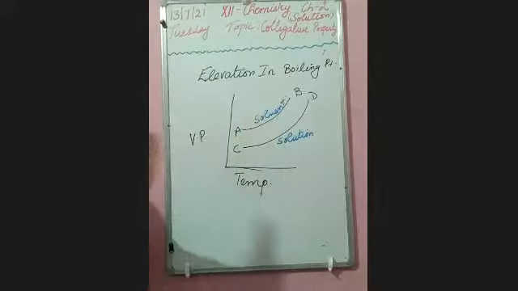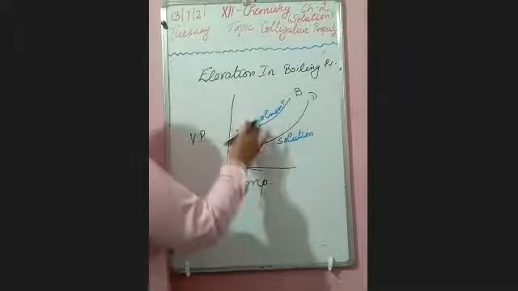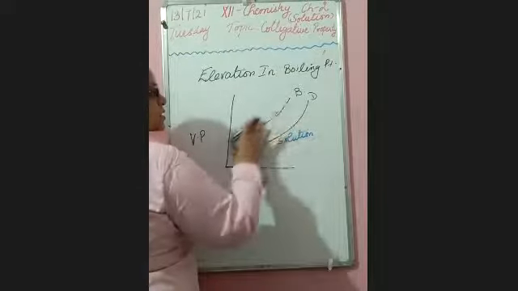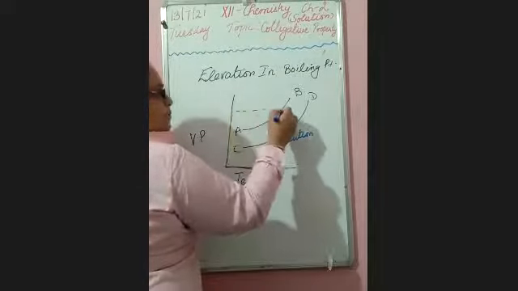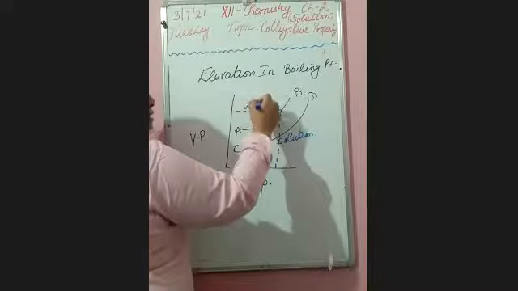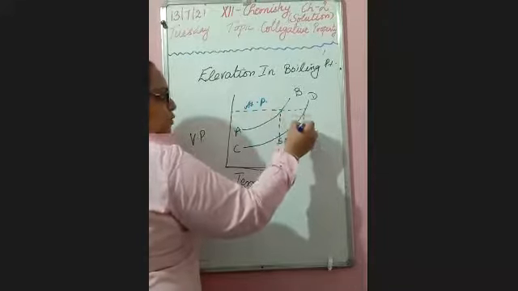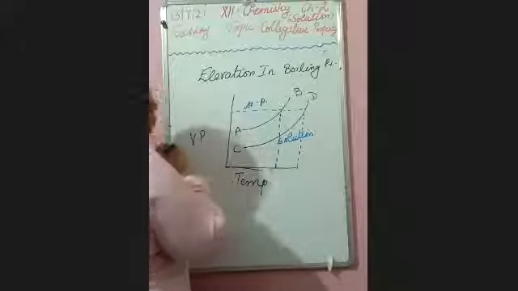Now, the temperature at which the vapor pressure of the liquid becomes equal to atmospheric pressure. See, suppose this is atmospheric pressure, and at this temperature, it will be equal to the boiling point.